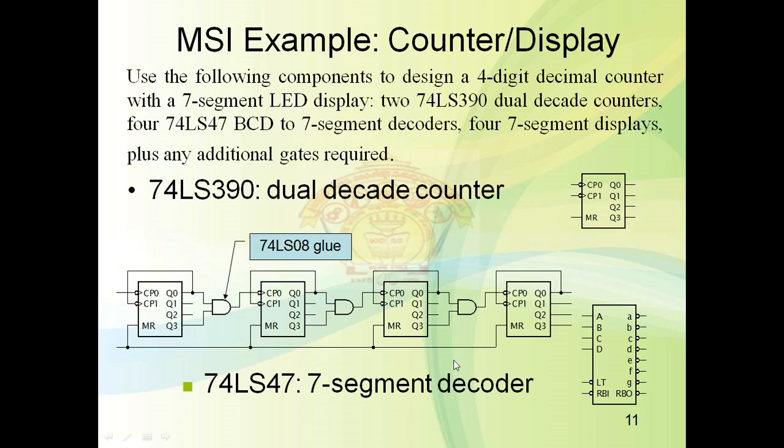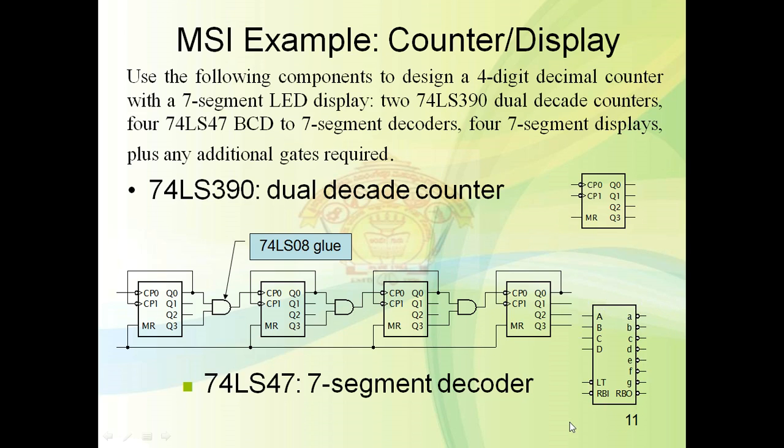Now this is the symbol of the 74LS47 7-segment decoder. We connect the output of the counter to the 7-segment decoder, and the output of the decoder to the display.